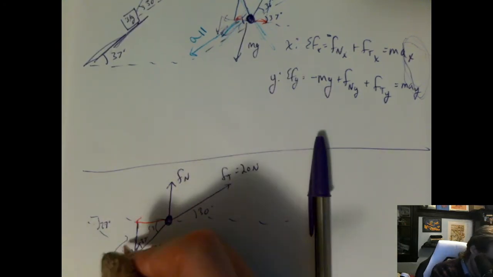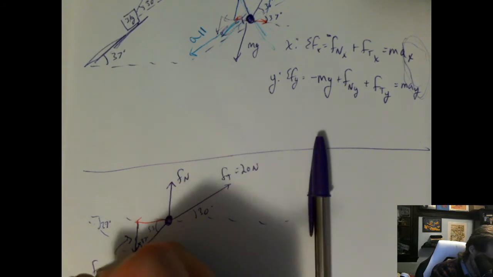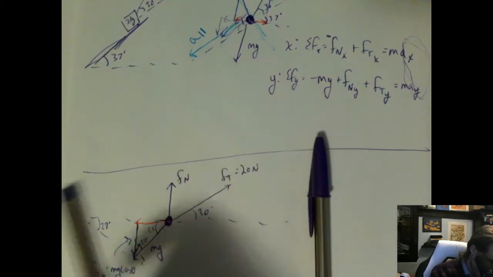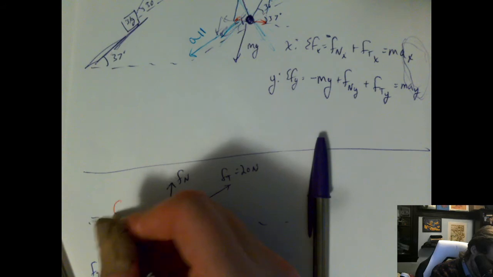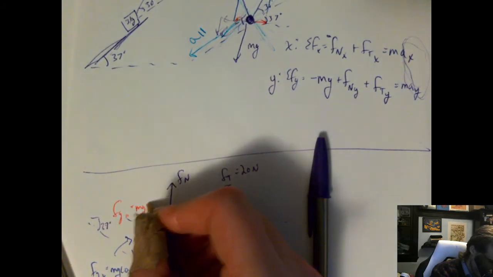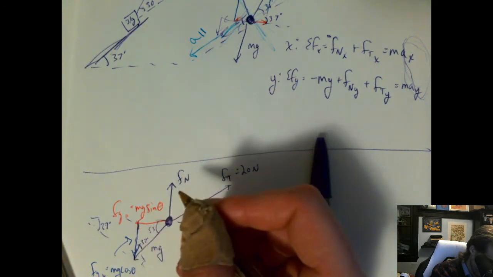So the perpendicular component of gravity is going to be mg times the cosine of theta. And the parallel component for gravity is going to be mg times the sine of theta.